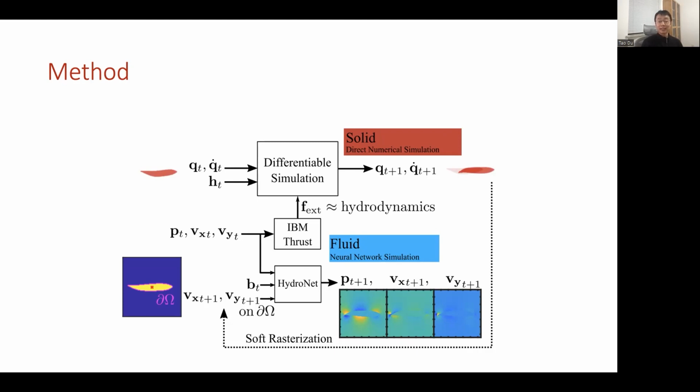And for the fluid dynamics, we introduced a neural network called the HydroNet, which takes as input the boundary information and velocity information, and outputs the pressure field and the velocity field of the fluids. And finally, to couple their effects together, we inherit the idea from the immersed boundary method and let the fluid and the solid region talk to each other through the interface of the lattice grid.